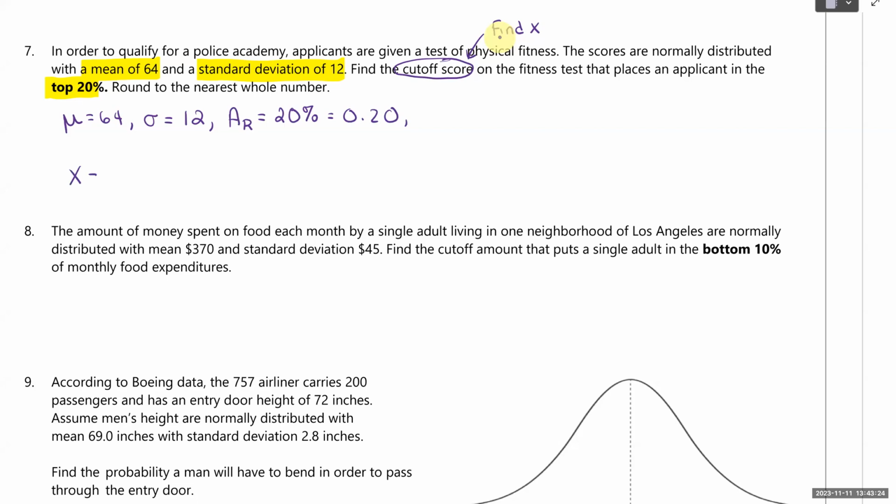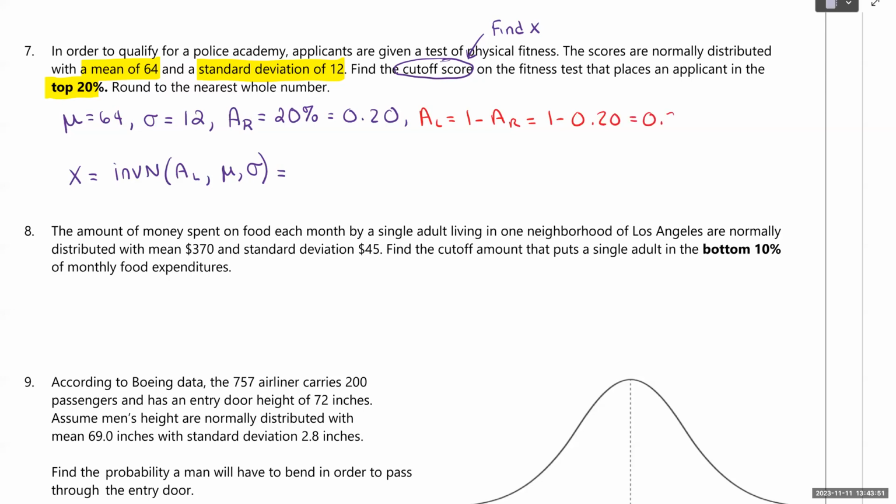So we know to find data values, we inverse norm the area left of the data value, and then we include the mu and sigma. So right now I know the area right of the data value. So let's go ahead and find the area to the left of it. So the area to the left of it is 1 minus the area to the right.